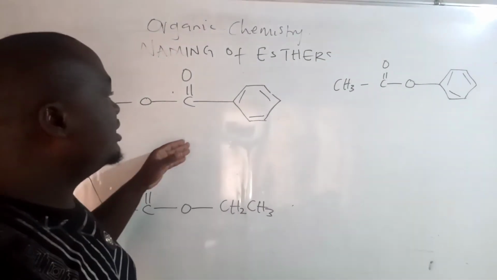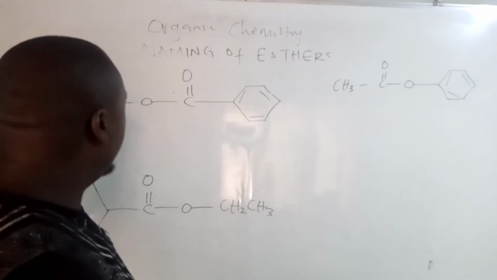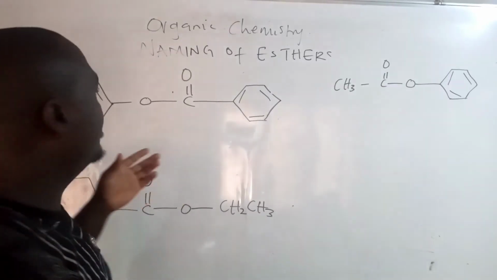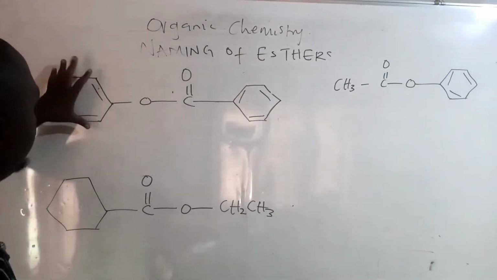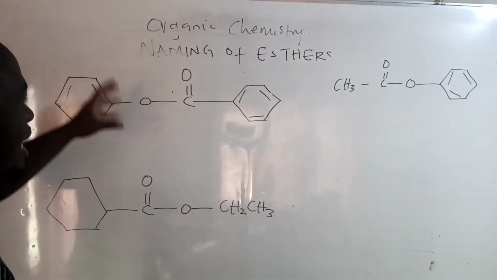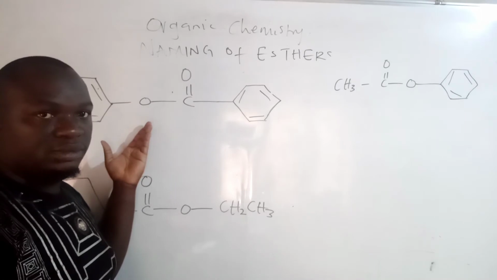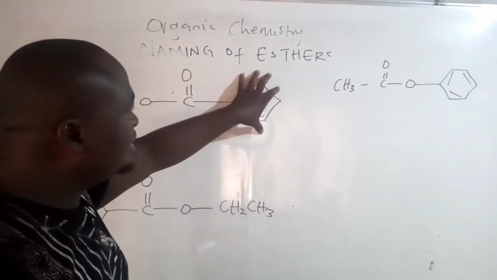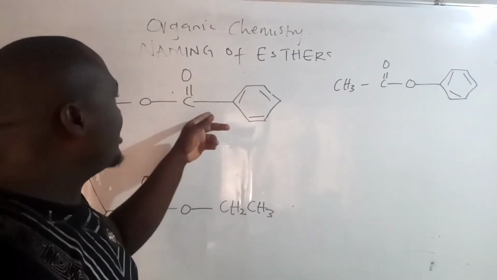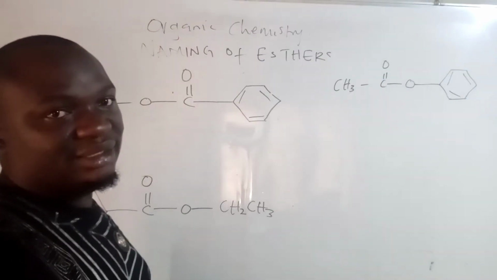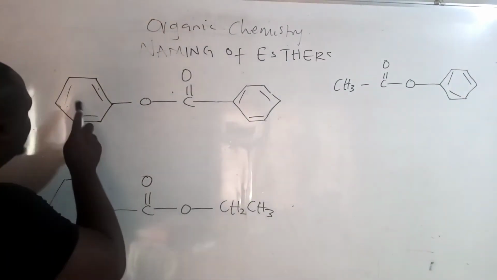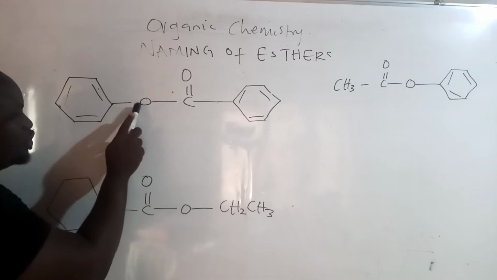This is naming of esters that involves the benzene ring. Now, whenever a benzene ring is directly attached to an oxygen, it is phenyl. Whenever a benzene is directly attached to a carbon, it's just a benzene. So, you know, this is a benzene, but it's directly attached to this oxygen.